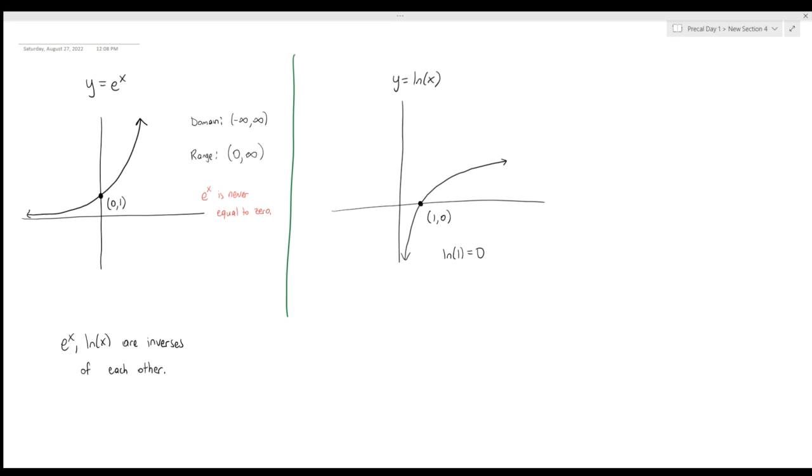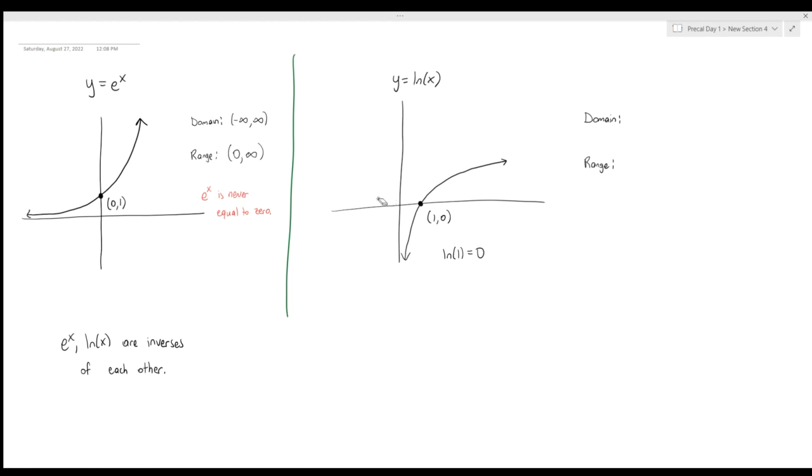Let's look at the natural log function real quick. If you look at the graph of the natural log function, this time the domain is not all real numbers.